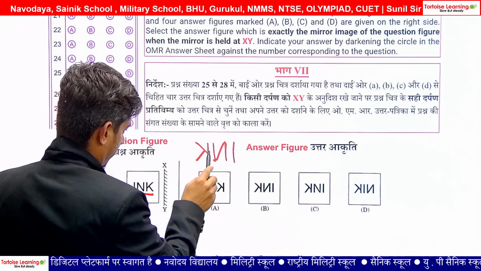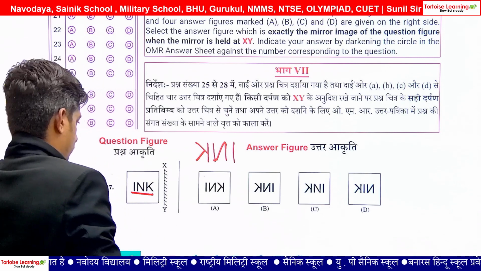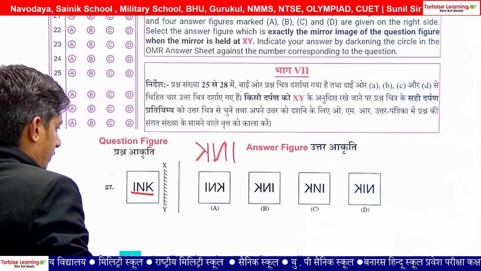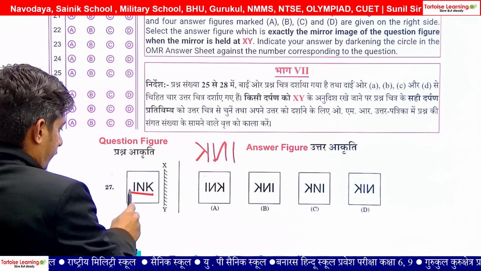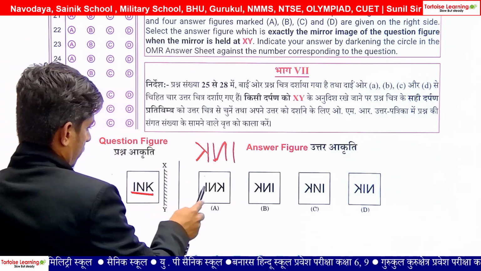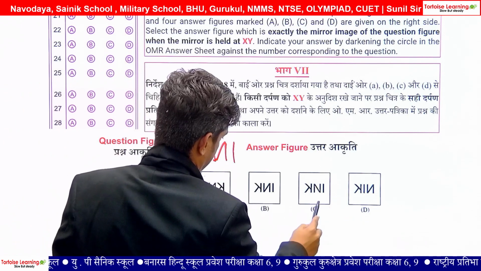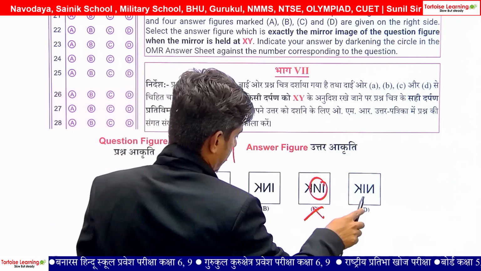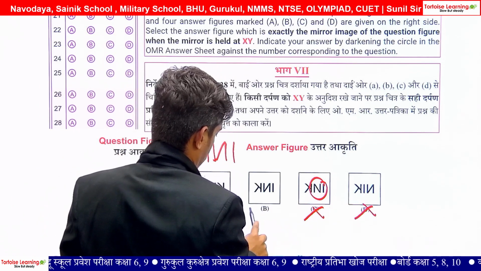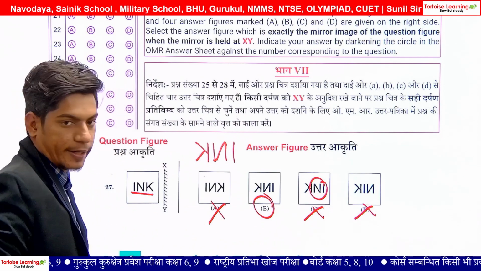I want K. Okay, I think whether I have done it wrong or not. Left to right. So this is wrong. These three, this is also wrong. The N is on the same place, and the I is in the middle place. Now we are left with this option. So this will be our correct answer.